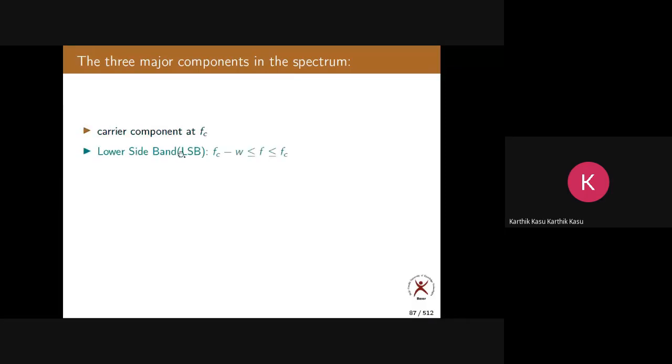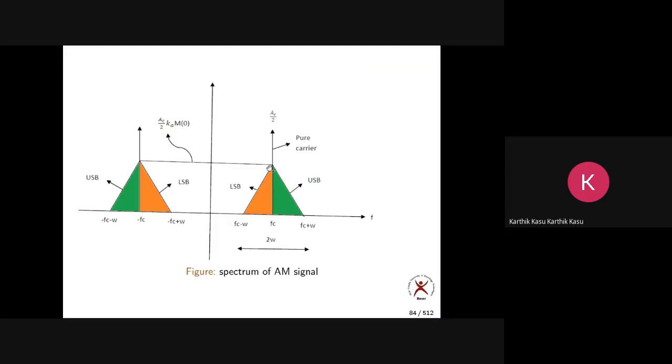Next, we have the lower sideband, simply called LSB. This orange color is the lower sideband. From where to where? FC minus W to FC. Now this is called the upper sideband, from FC to FC plus W. Let us go back to this.